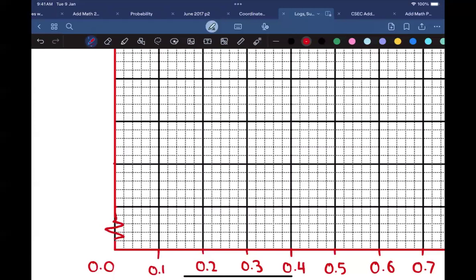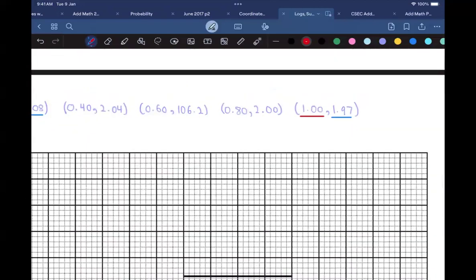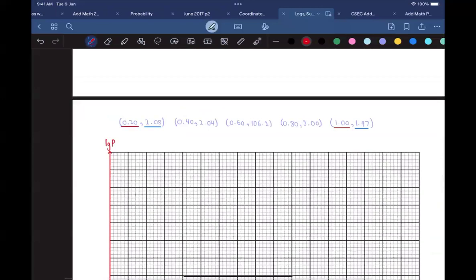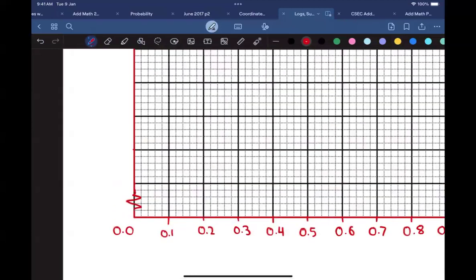Could do that. Now, I don't want to start at 1.97 because we had a cut after that. So I could probably start at, let me say, 1.8, 1.80.